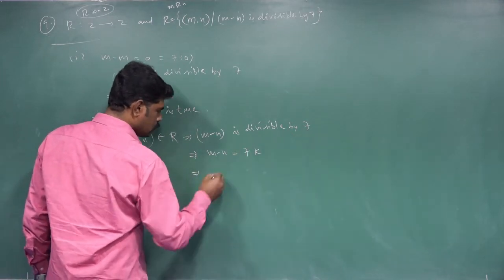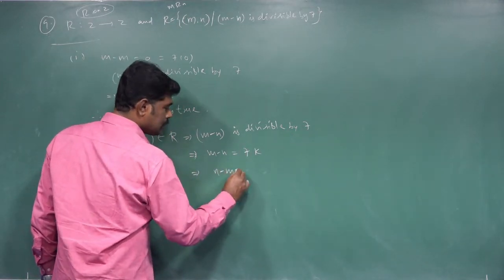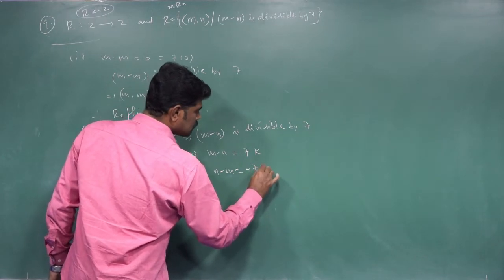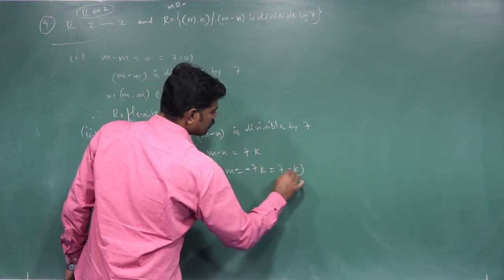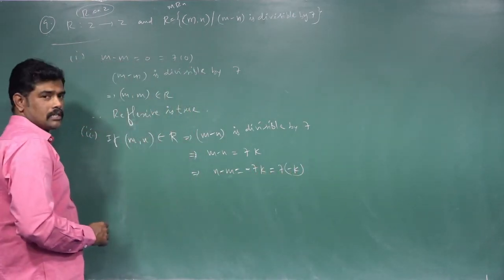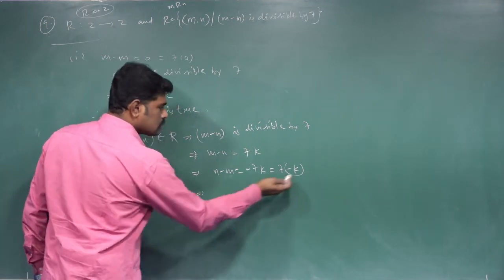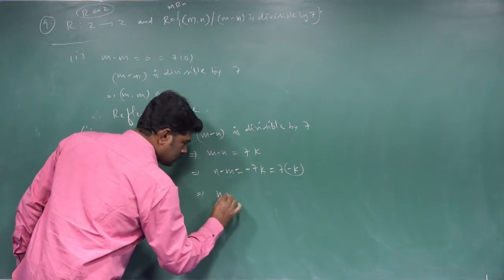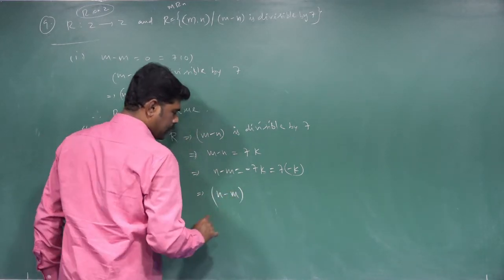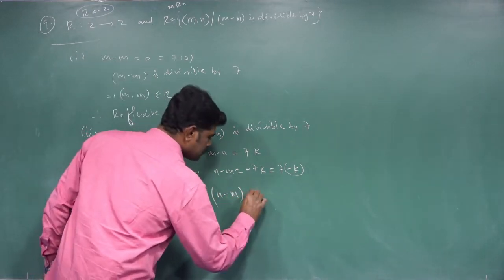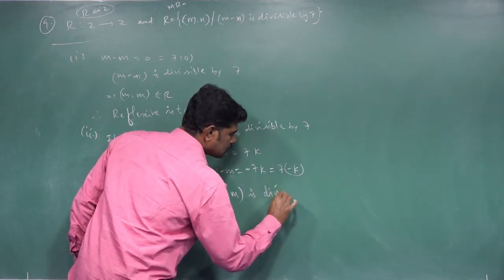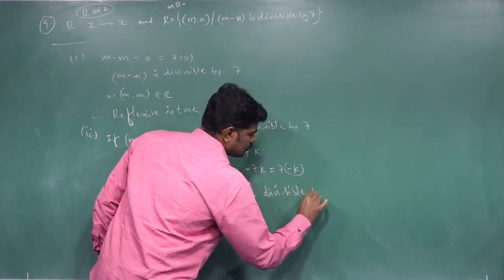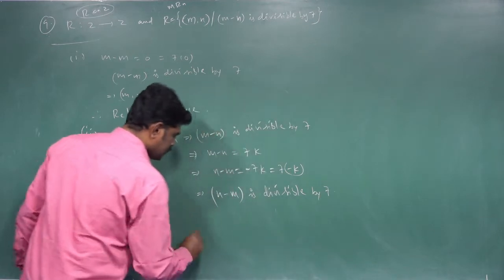Now multiply by minus one, then it will come as N minus M is equal to minus 7k, which is 7 into minus k. Now this is also a multiple of 7, so it is also divisible by 7. Then N minus M is divisible by 7.